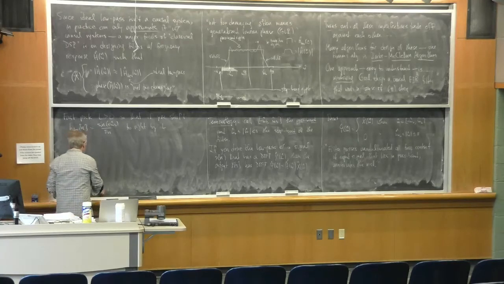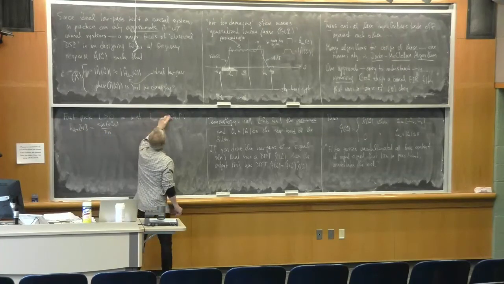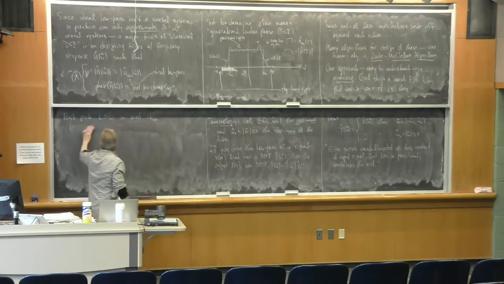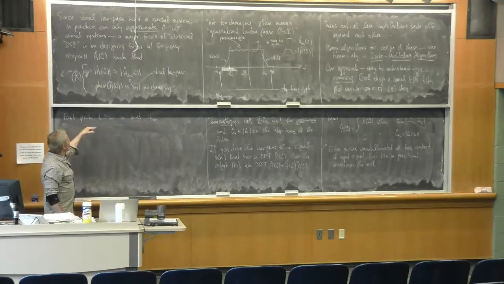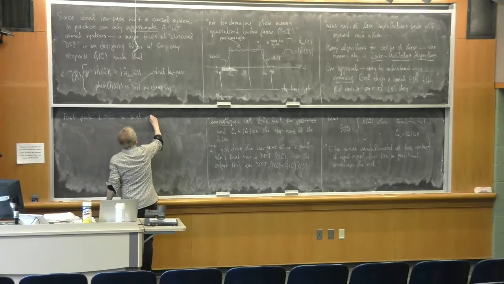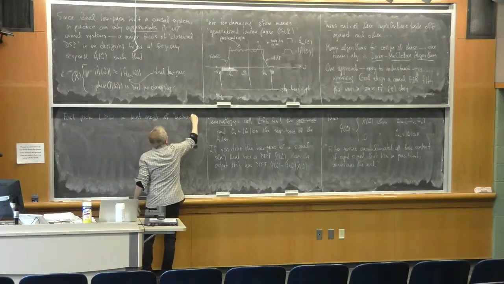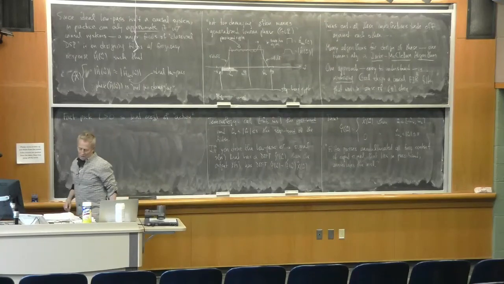We're going to pick L to be the window length. Let's just erase this part. First pick L bigger than 0 so that most of the action. I feel like I have to do this from scratch every time. It's so frustrating.